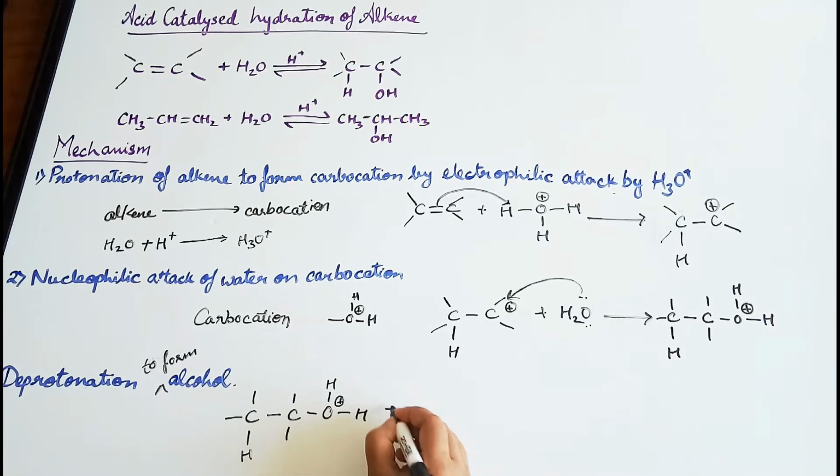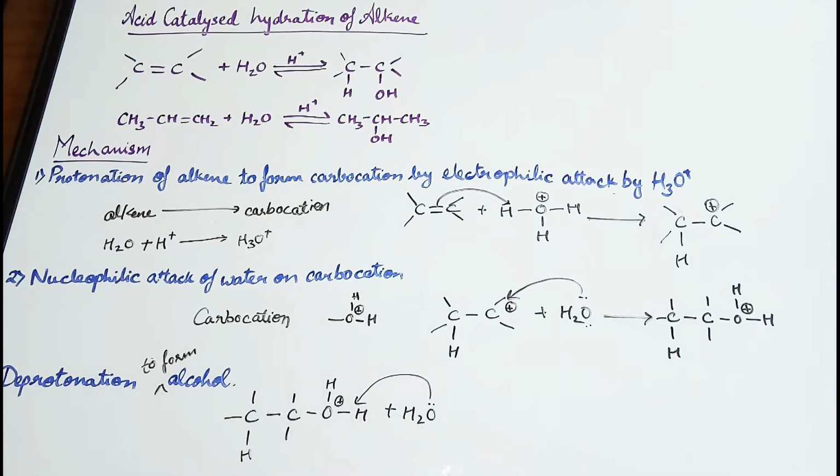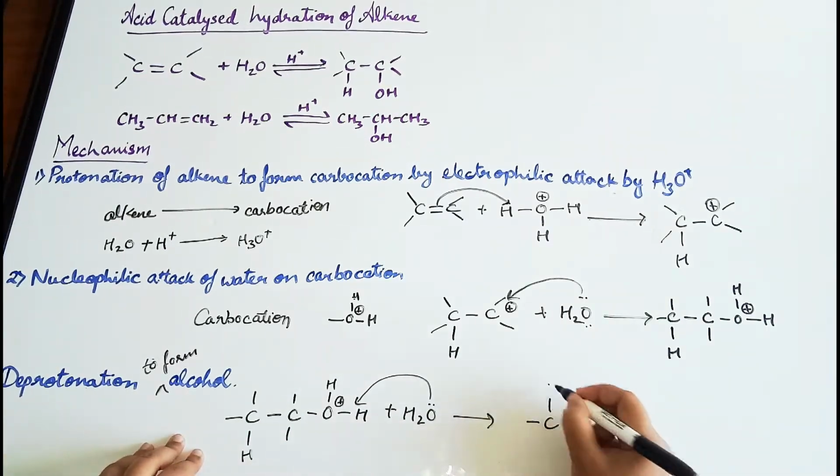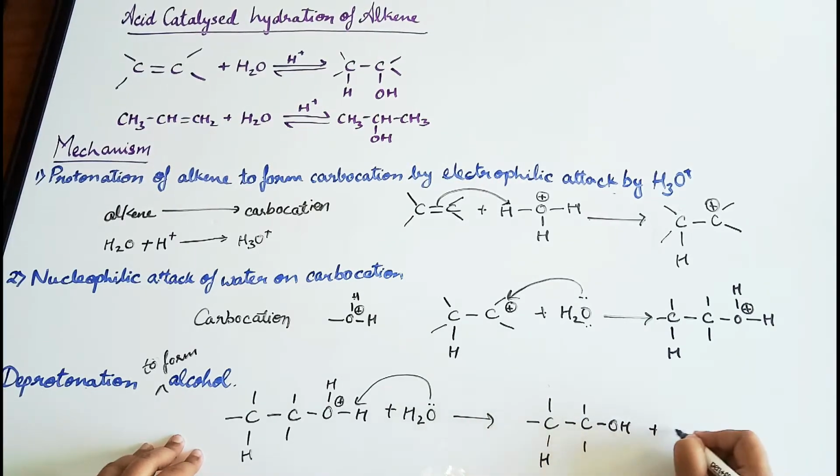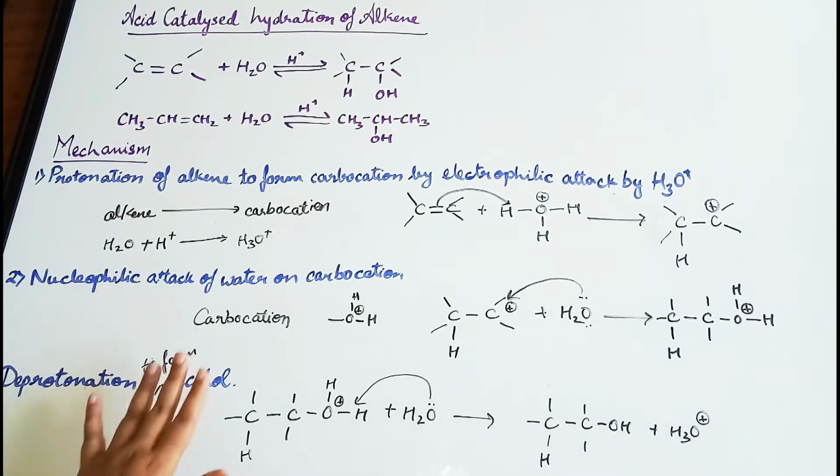Now another water molecule will come in. Okay, the lone pair of electrons will attack this, and that will take the hydrogen atom away. And this leads to the formation of an alcohol molecule from an alkene plus H3O plus.